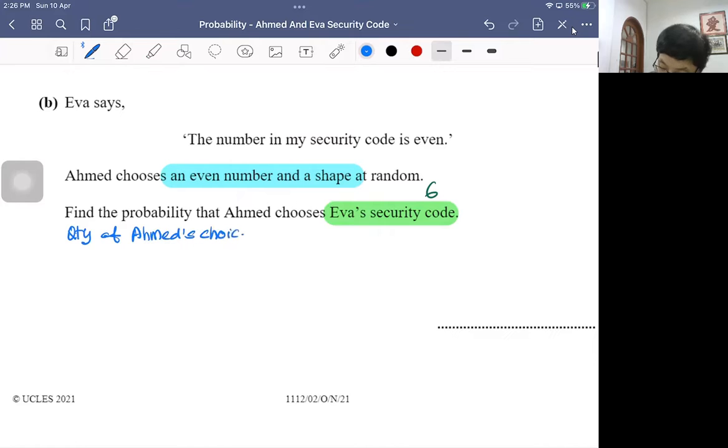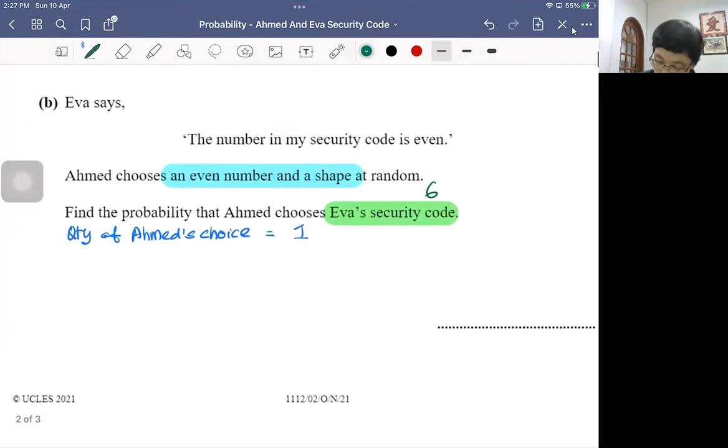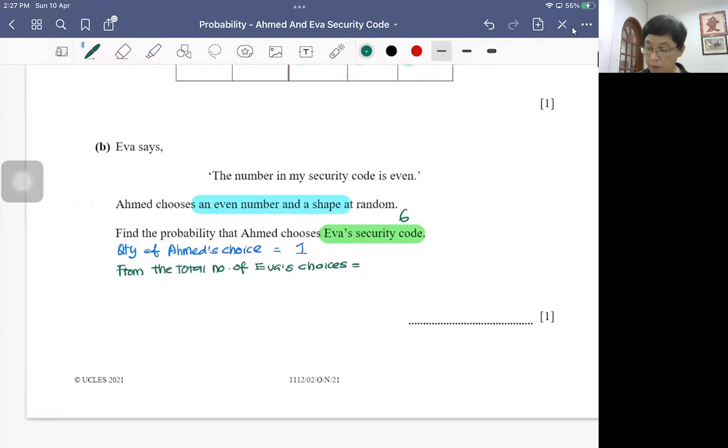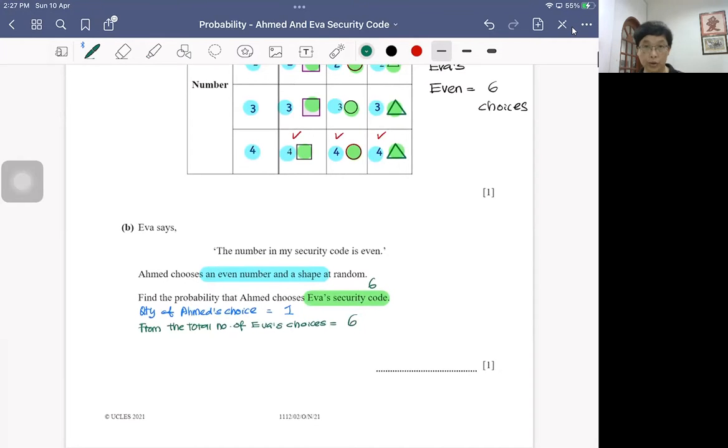How many choices does Ahmed go for? 1. So he goes for 1 choice. Then from the total number of whose choices? Eva's choices. And how many are they? We have counted that just now. 1, 2, 3, 4, 5, and 6. So there are 6 choices.